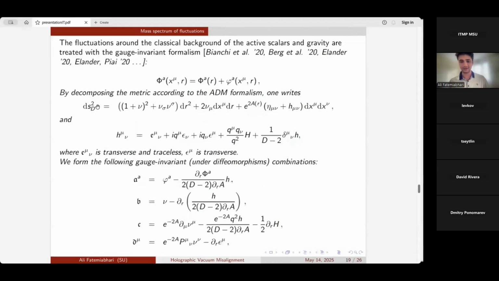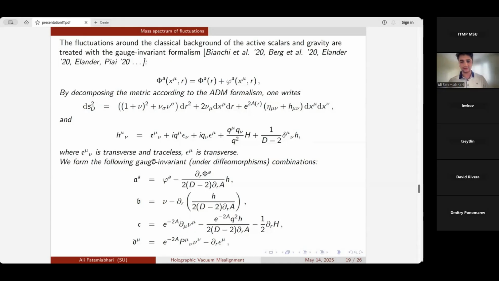As in our case, we can decompose the metric into a radial part and a transverse part, the transverse fluctuations. The transverse part can also be decomposed into the traceless part, the transverse vector part, and the trace of the metric, this small h.